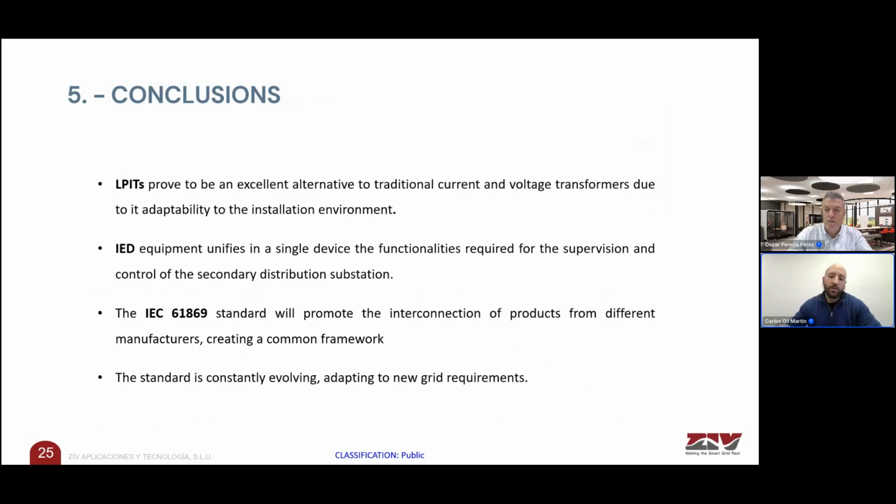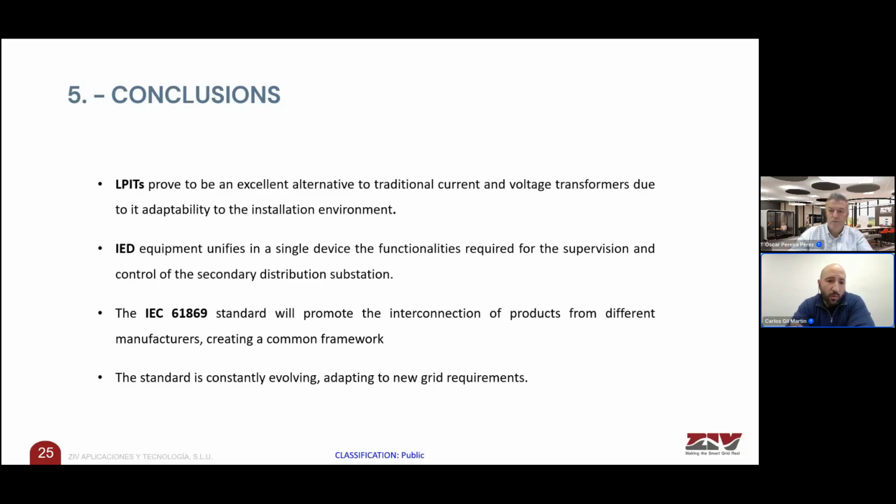And finally, I would like to conclude with these 4 conclusions. The first one is the LPITs proved to be an excellent alternative to conventional or traditional transformers due to their adaptability to the application or the installation environment.